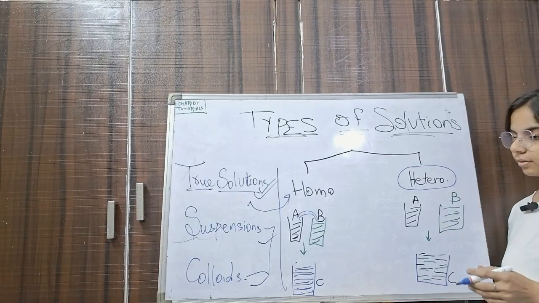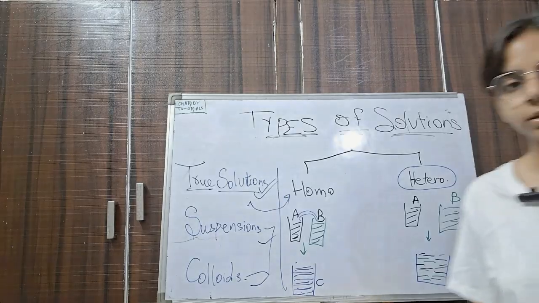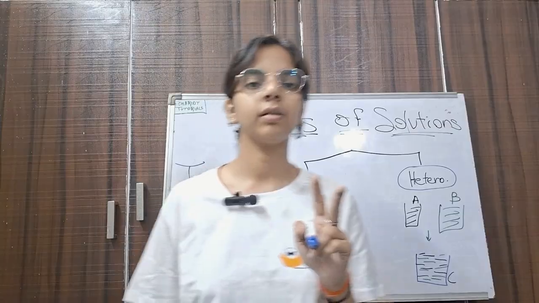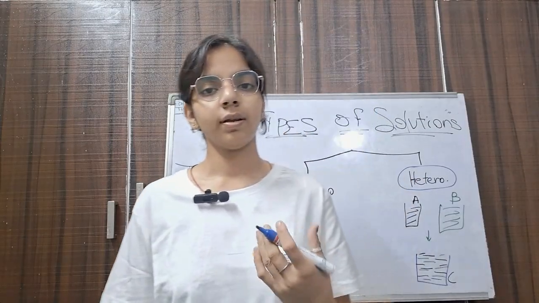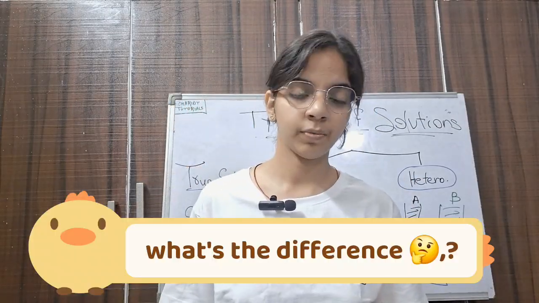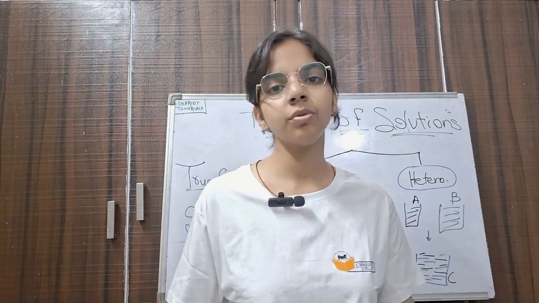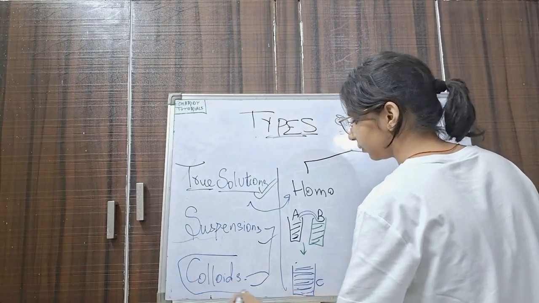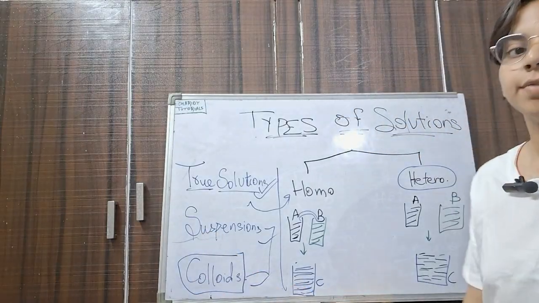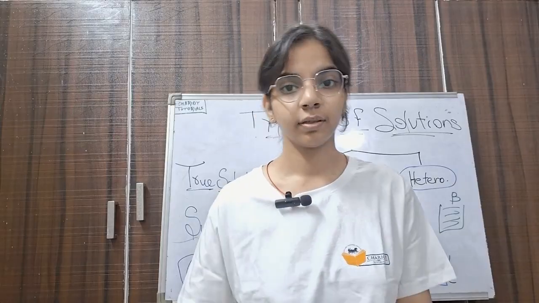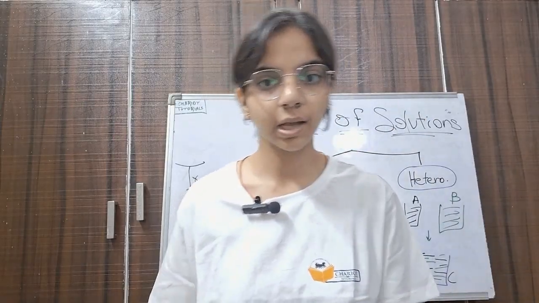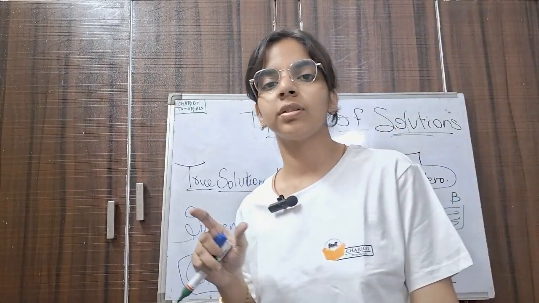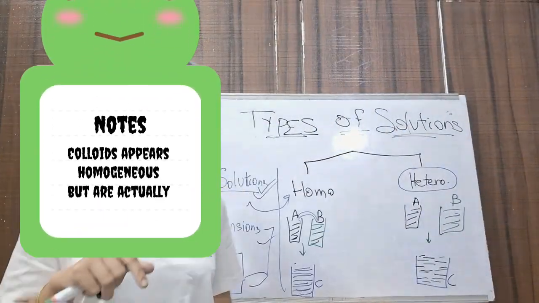Now, as I said, both suspension and colloidal solution are heterogeneous, so what is the difference between these two, right? Because both will be non-uniform. So this colloid has an interesting characteristic. It seems like something else, but actually it is something else. The colloids appear to be homogeneous, but are actually heterogeneous, right?